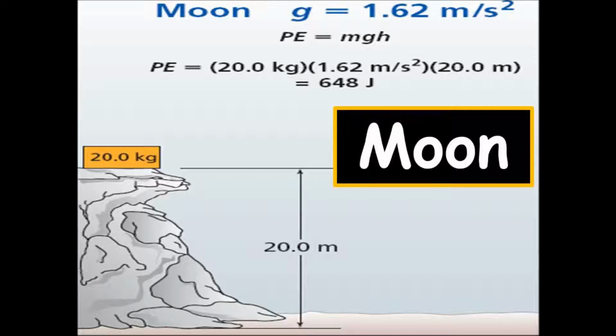You change it. You're going to go 20 meters, 20 kilograms, and I decrease G. What are you doing, compared to the same problem on Earth, when I went 20 kilograms times 9.8 times 20 meters? Well, what was the value on Earth?